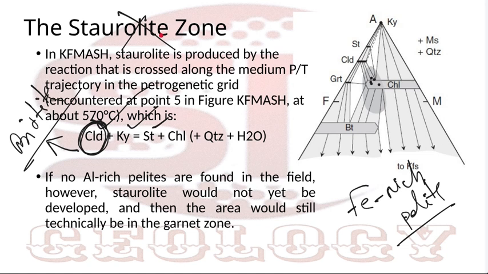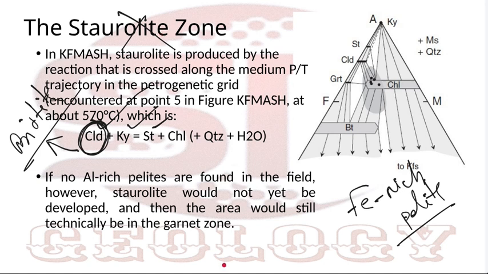So if chloritoid does not appear, there will be nothing to react with kyanite in the staurolite zone. Technically the staurolite will not appear, because there is no raw material for staurolite production; that chloritoid is not available.